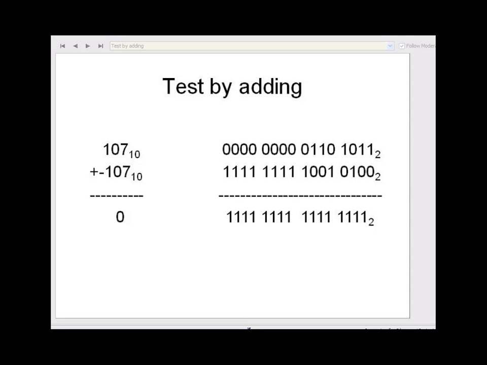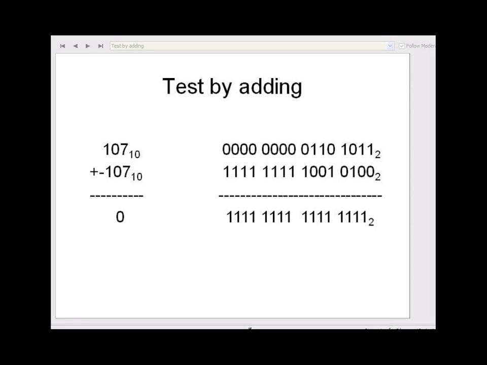Actually, yes, you could invert it. That would work. Or you could add 1 to it. And it's actually the adding 1 to it that we do. Because if you take this great big number and you add 1 to it, then it clicks over and it becomes a whole bunch of zeros.